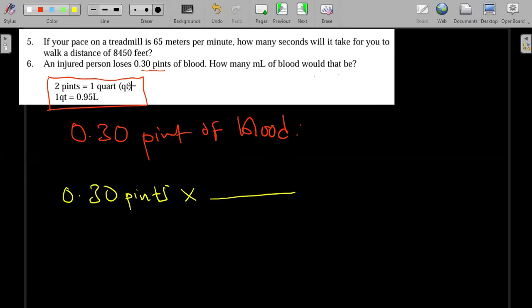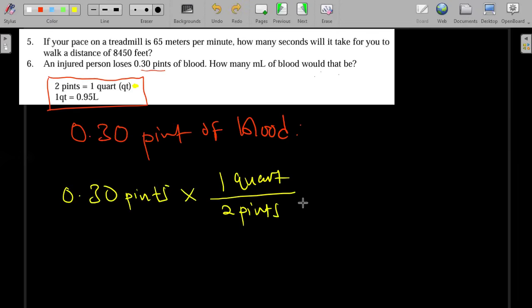So from this first conversion factor, I put 2 pints down here, and these 2 pints are equivalent to 1 quart. When I multiply these two, the pints cancel, so I'll just remain with quarts.